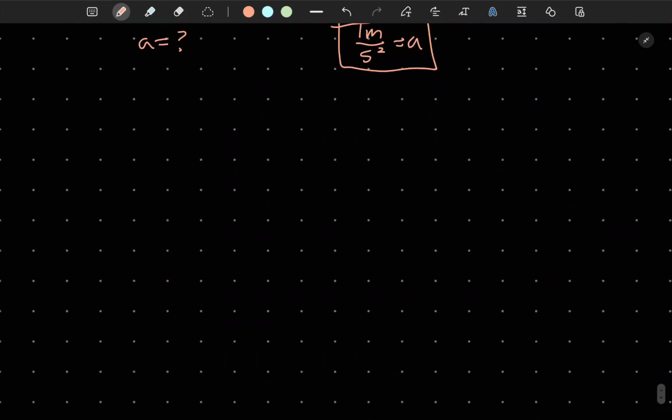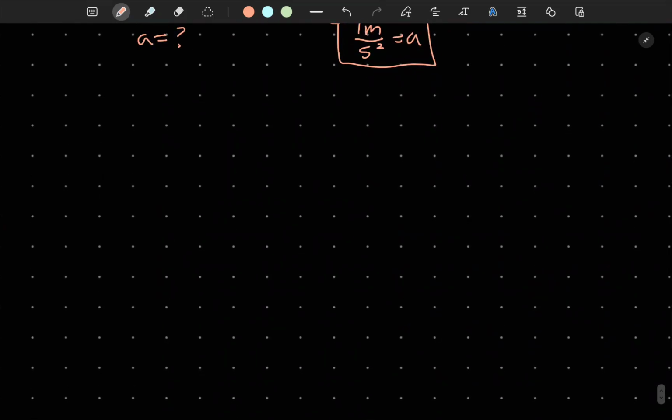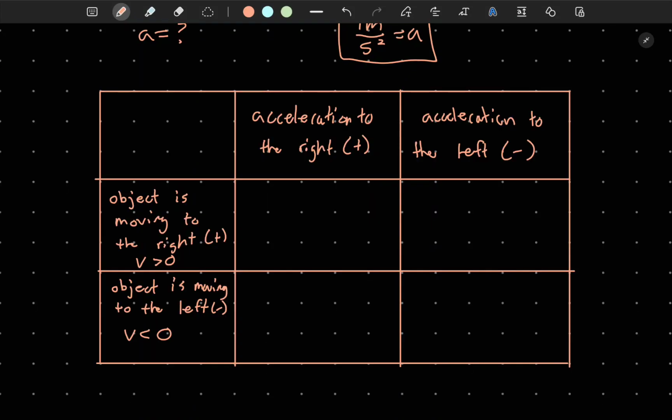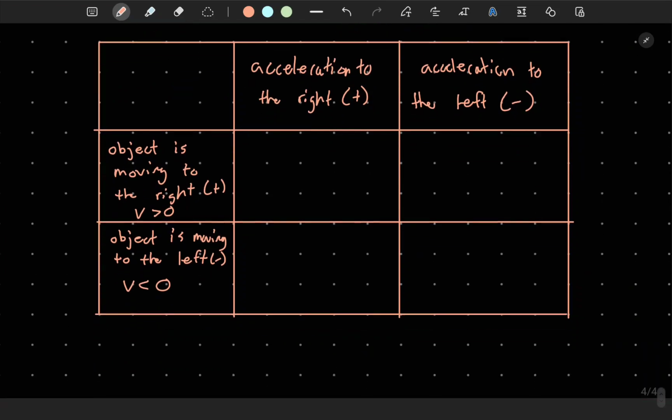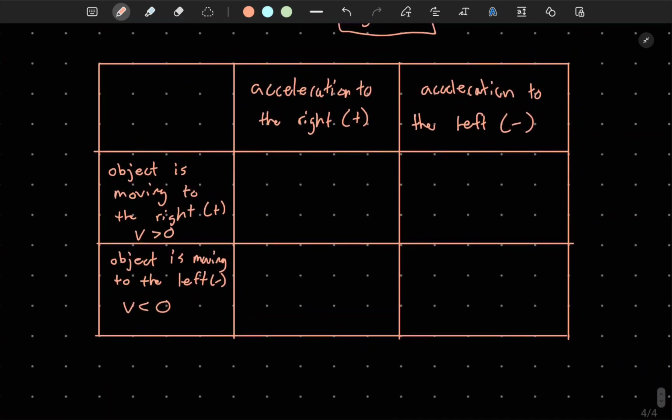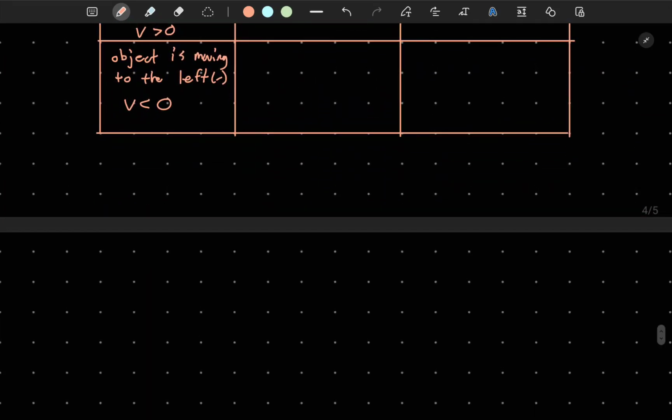So now, the thing is, acceleration, like any other vector, has a direction. And it's important to note this. So if we draw a chart, here's the chart, and you might want to copy it down, or if you don't, it's fine. So the question is, if an object is moving to the right, which I will define as the positive direction, so I'm going to draw my number line here.